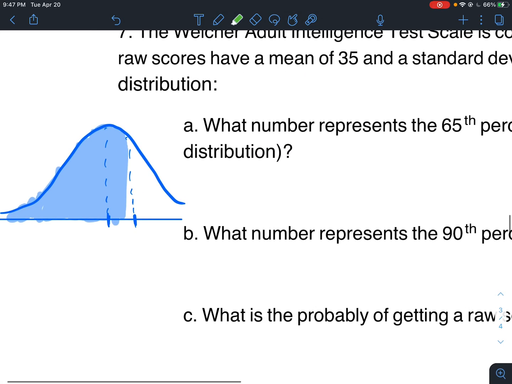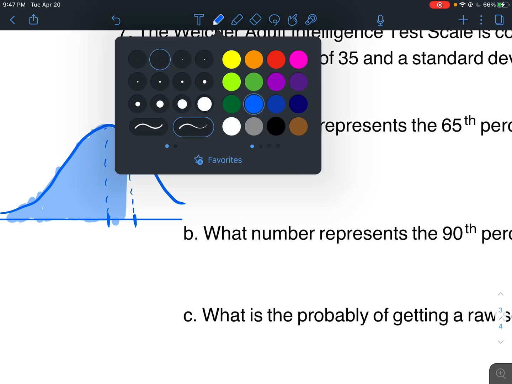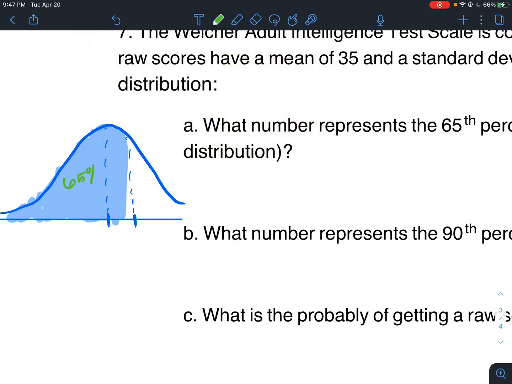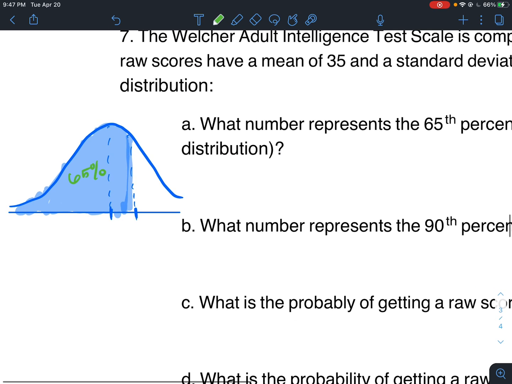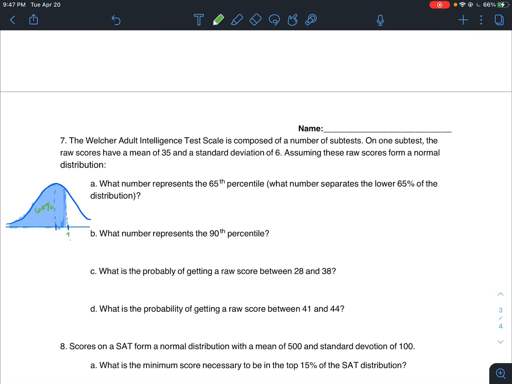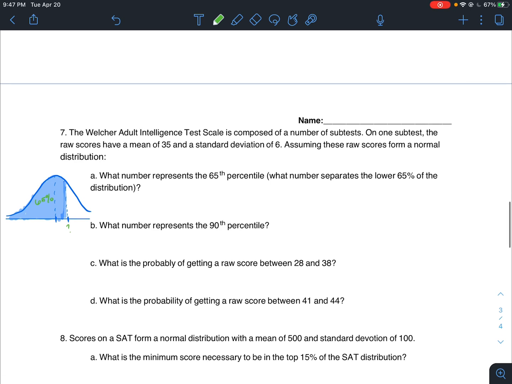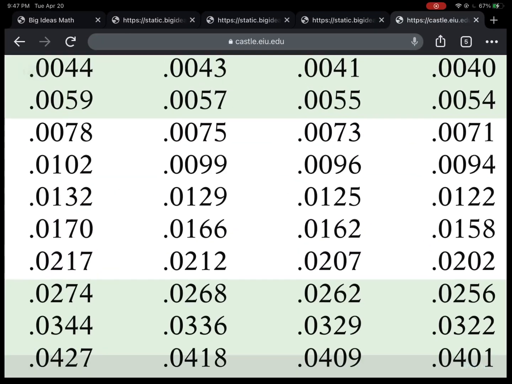What I'm interested in right now is the z-score that represents 65%. So what is this z-score right here? Now, I'm not given a score to help me find that, but I am given the probability, 65%. So I can go back to my z-score table.